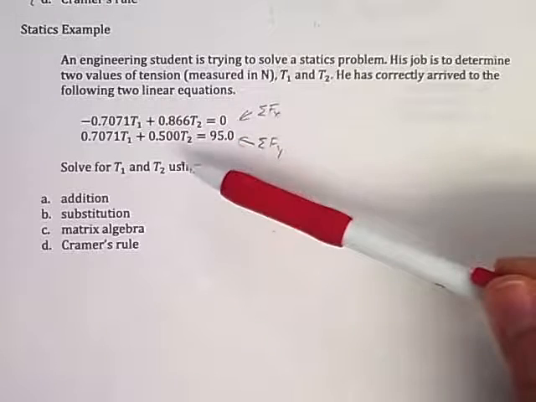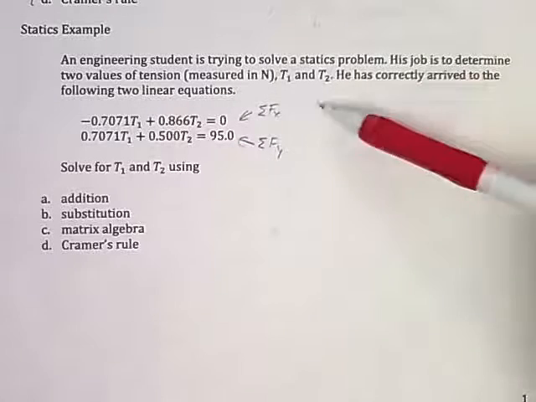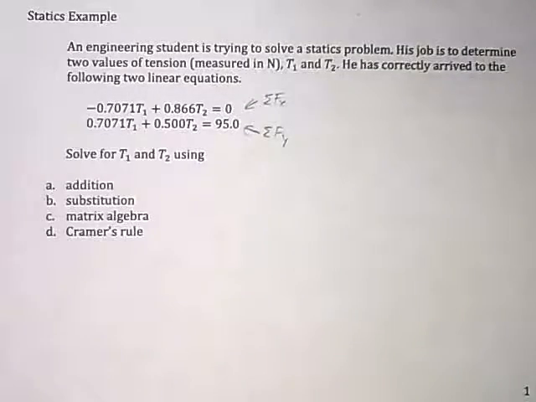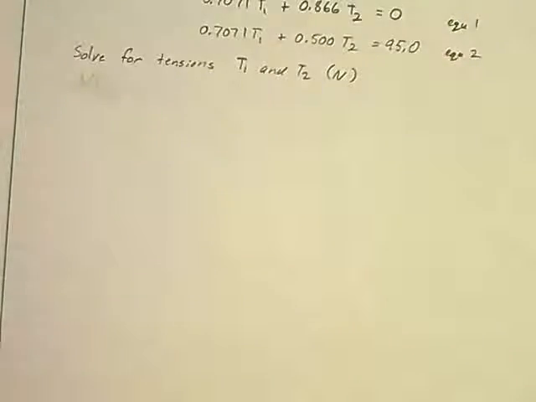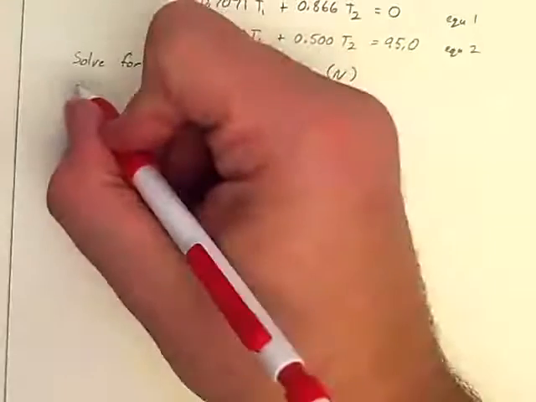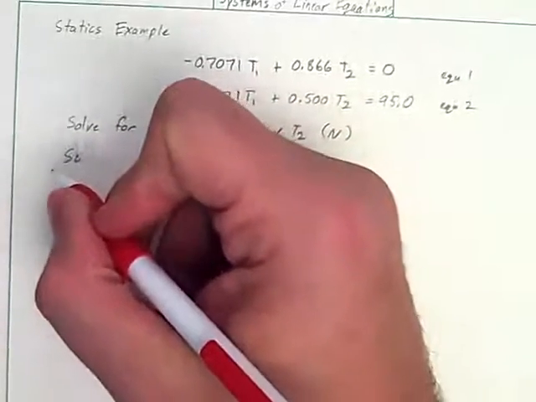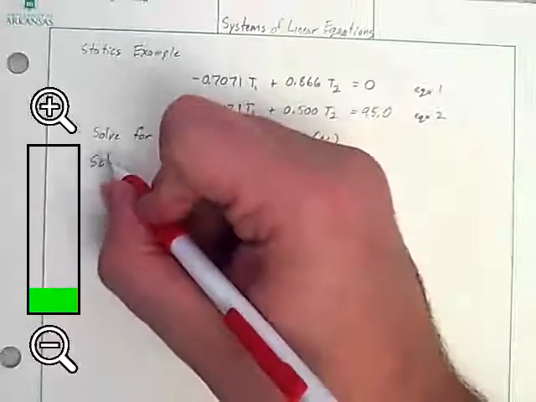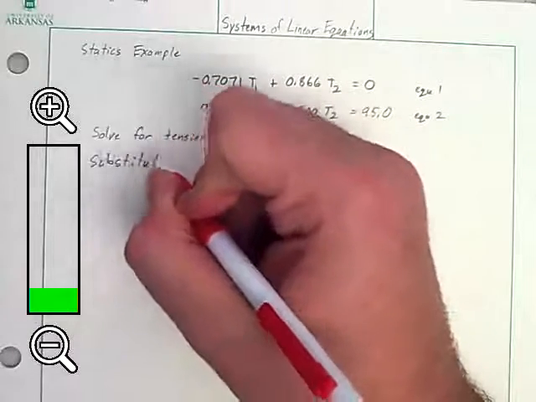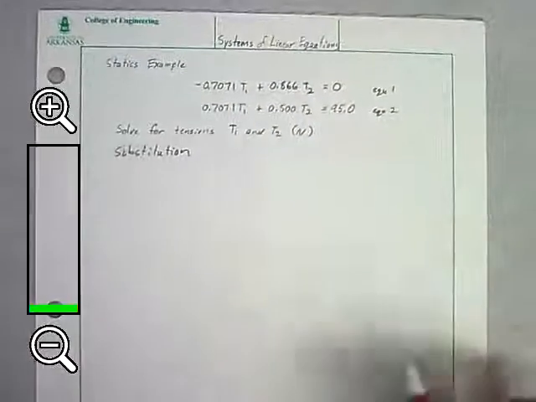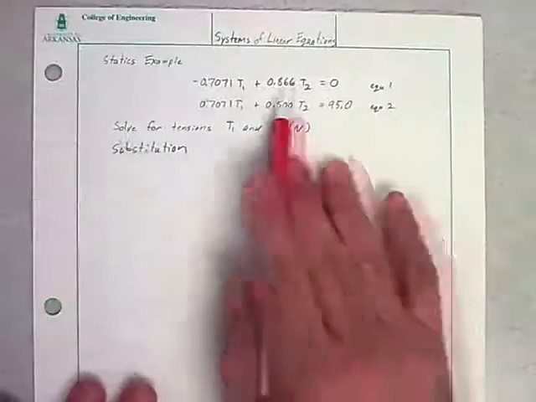We've got these two tensions that we're trying to solve in newtons, and we've got these two equations that describe it. And we've done it doing addition. This time we're going to use substitution, and the reason substitution will be a good option for this one, if we get it to where we can see everything again, is because we can pick out this first equation.